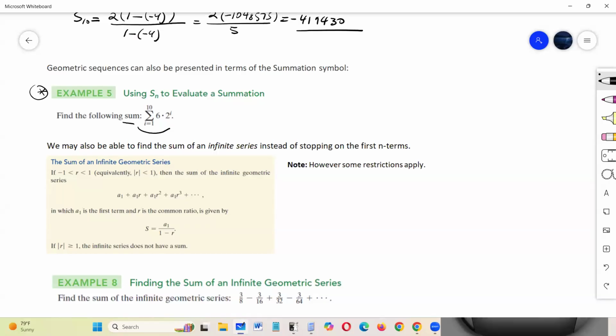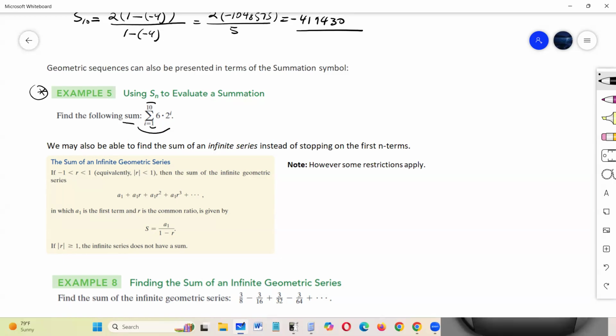So the very first thing that we need to do is figure out whether this is a geometric or an arithmetic sequence. It maybe should be obvious to some that this is geometric, but let's find out. How do we find out? Let's find the first three terms. The summation says we're going to start with i equals 1 and end at 10.